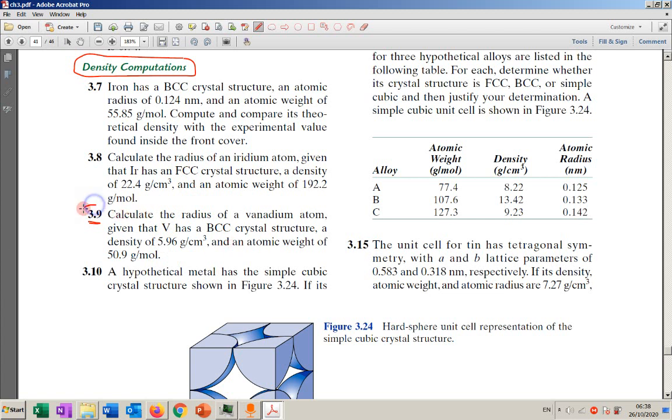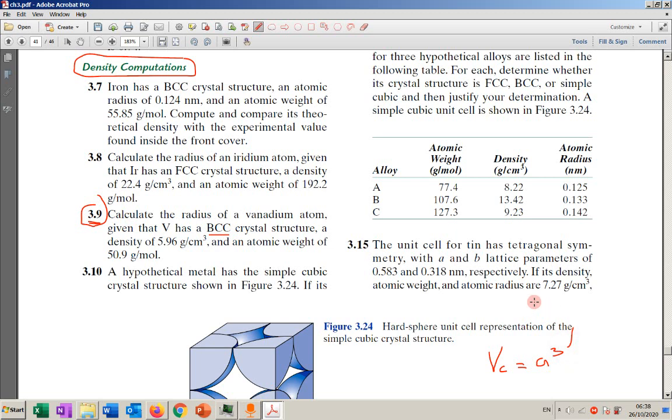So calculating the radius of the atom comes inside Vc. Remember, it comes inside the volume of a unit cell, which is equal to a cube. So let's find the volume of the cube, then I can find R. Why? Because I know that this is a BCC crystal structure.